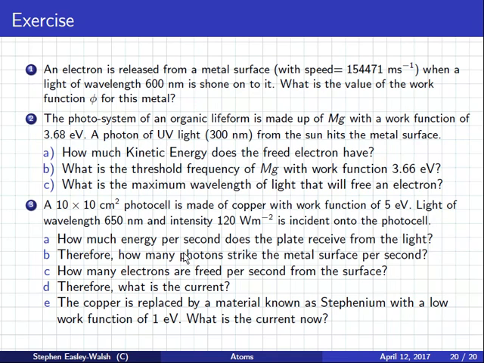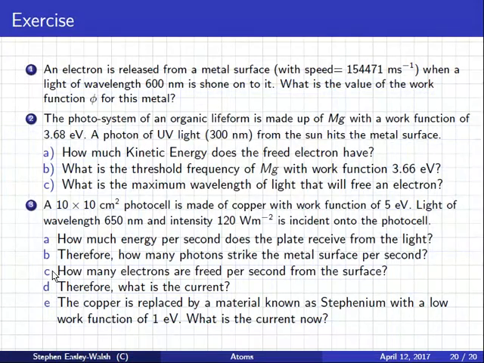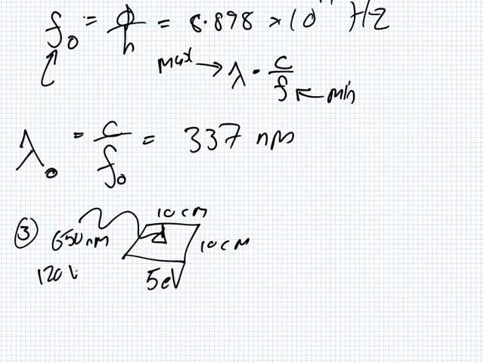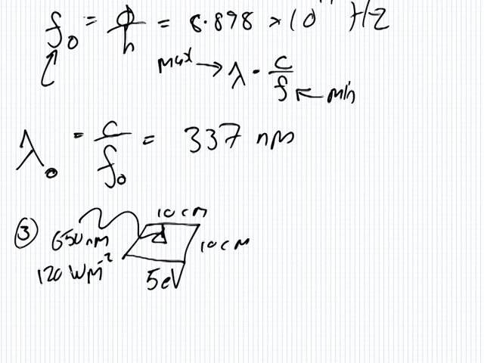Light of wavelength 650 nanometers and intensity of 120 watts per square meter is shone onto the photocell. How much energy per second does the plate receive from the light?